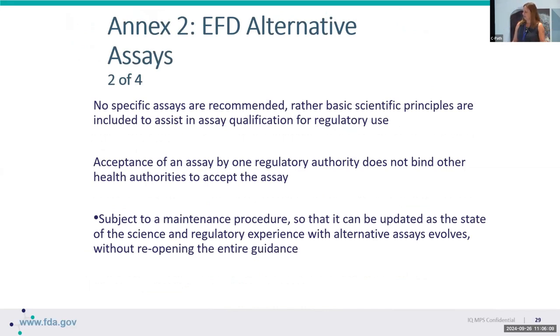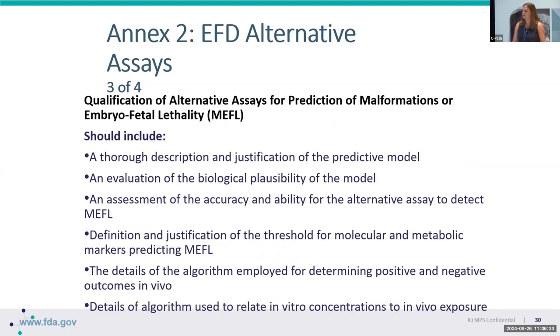And the guidance is going to be maintained over the years, so they're not going to have to reopen the guidance and come up with a whole big new revision every time they have more information to add to it. But as the science evolves and regulatory acceptance evolves, we can update and get more information into this guidance. So what are some of the specifics in the annex?